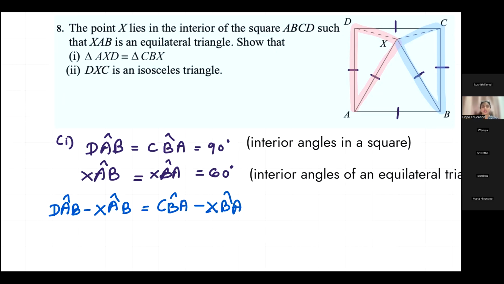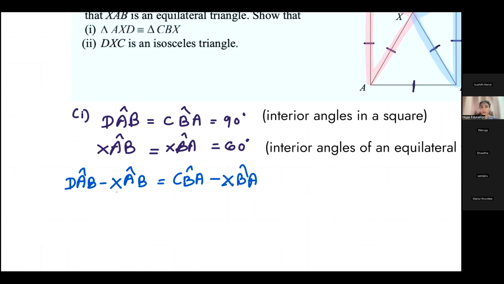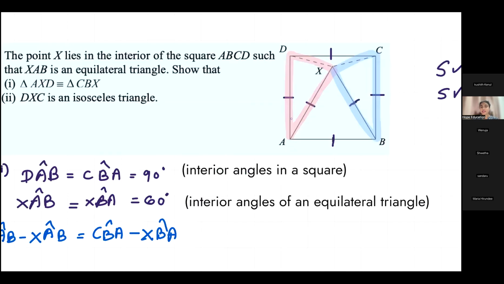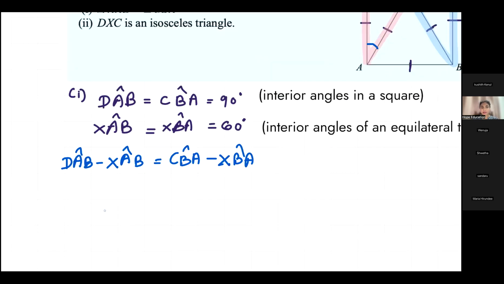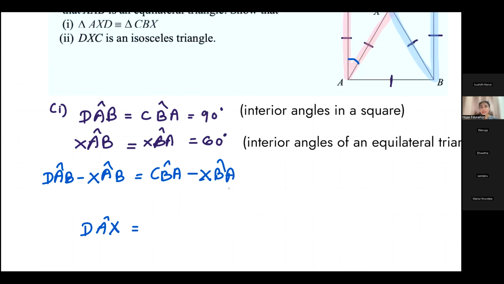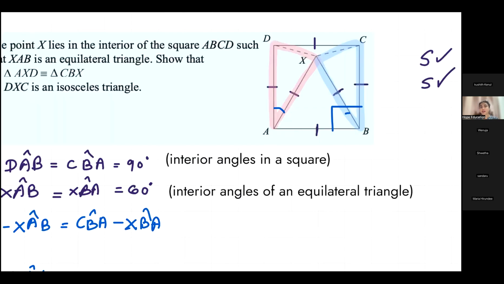DAB is this one, XAB is this one. When I subtract XAB from DAB I get this small piece, that would be DAX. I subtract XBA from CBA. CBA is this, XBA is this. So subtracting this from this I get this small piece. That is CBX.